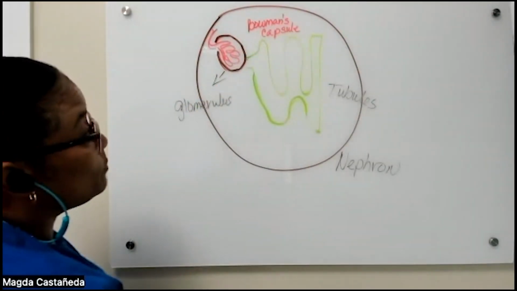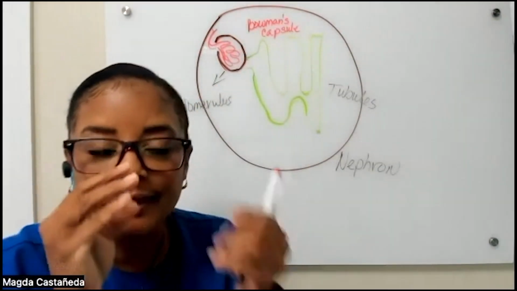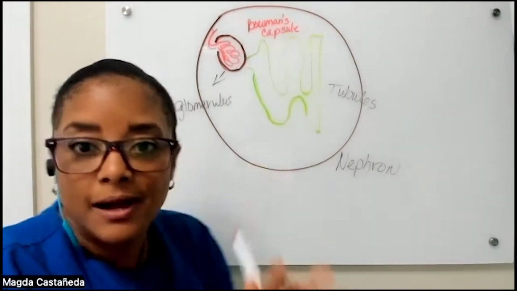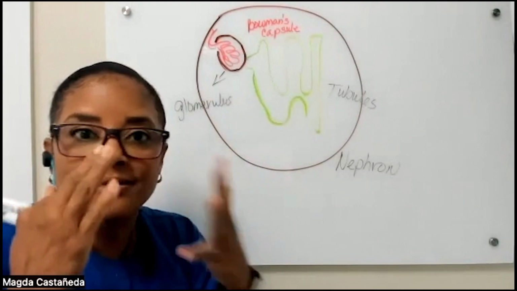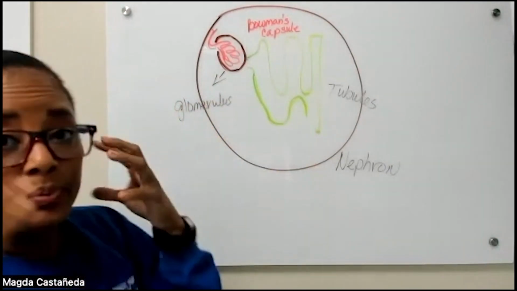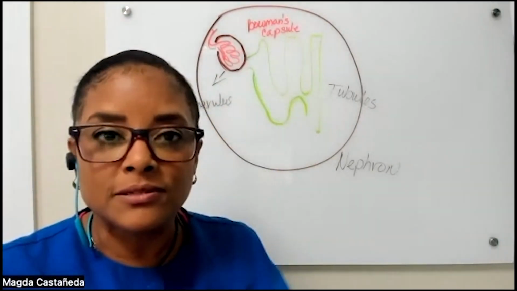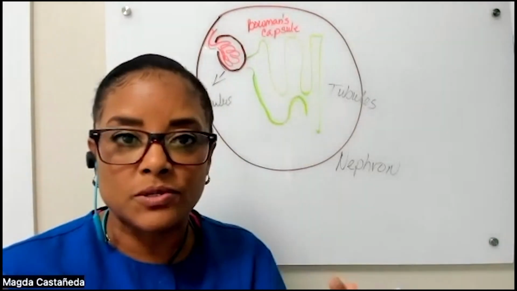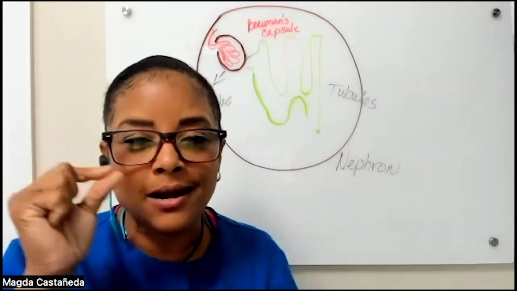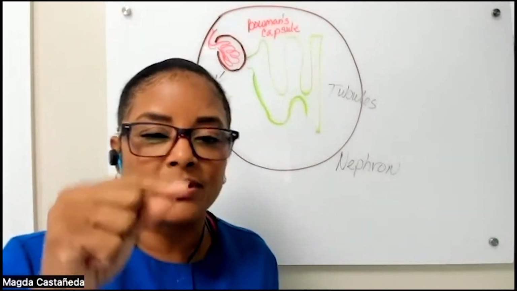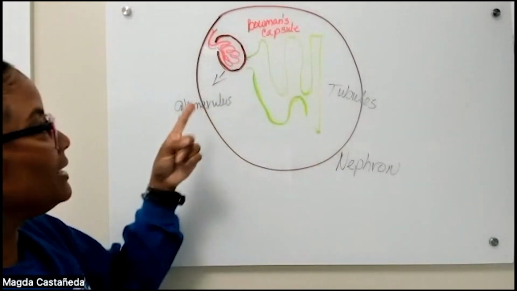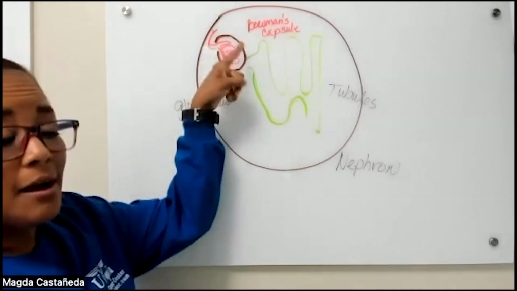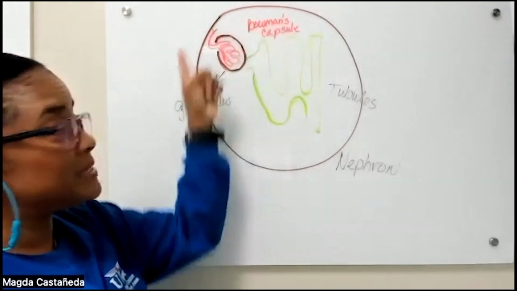So small, tiny capillaries come into the cell. Imagine this cell, you cannot see it in plain sight. You have to see it under a microscope. So imagine how small these capillaries have to be to fit in here. The capillaries come into this Bowman's capsule.